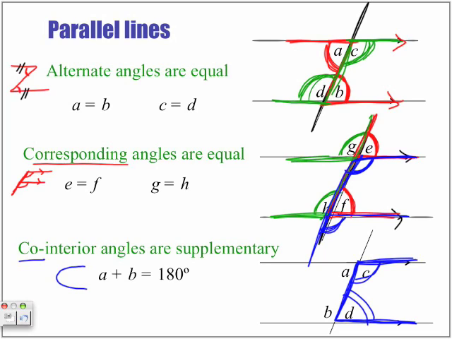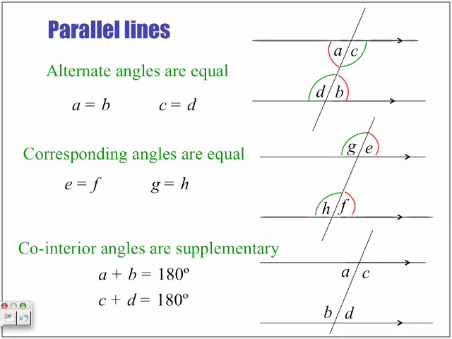Same rule applies with the opposite side here. If this is a backward C, these co-interior angles are considered supplementary. Supplementary being 180 degrees.